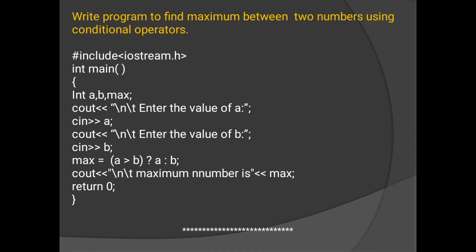Colon means or else the b value will be displayed. So this conditional operator is denoted by the question mark and the colon symbol. And in C++, this is the only ternary operator. Ternary operator means it requires three operands or three variables to execute.